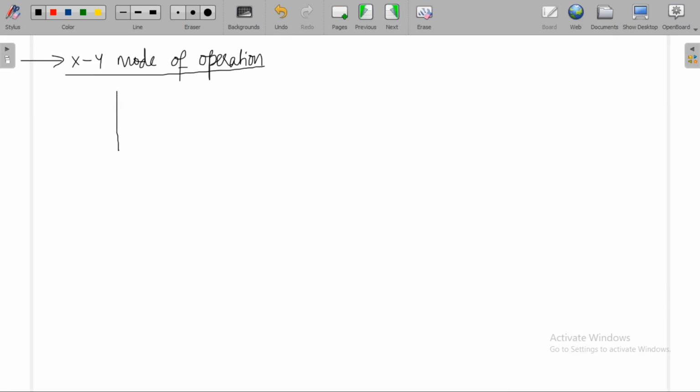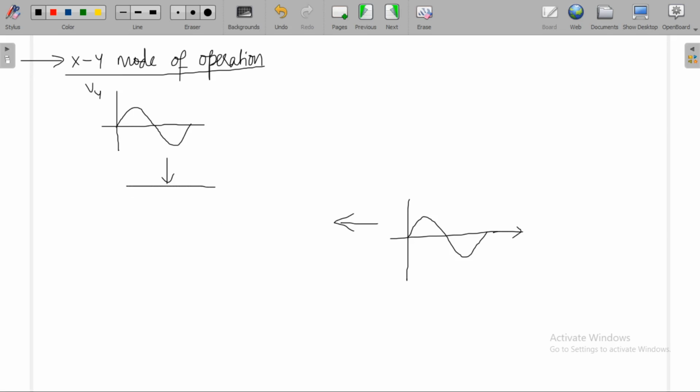This is Vy. You give another sine wave to the X input instead of the sweep signal. Then this mode of operation is called XY mode of operation.